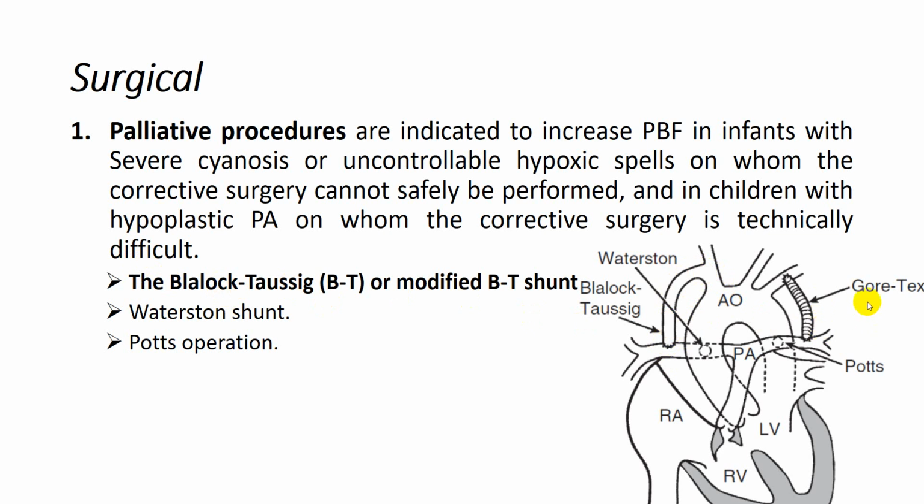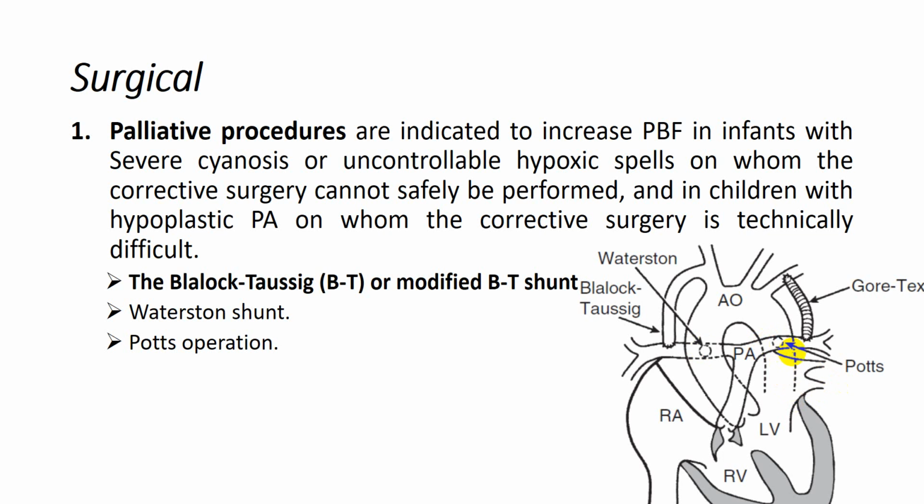If we use synthetic material, Gore-Tex for example, to connect the subclavian artery to the pulmonary artery, it is called a modified BT shunt. This is the most commonly used type of shunt. Previously used were the Waterston shunt, between the ascending aorta and right pulmonary artery, or the Potts shunt, between the descending aorta and the left pulmonary artery.